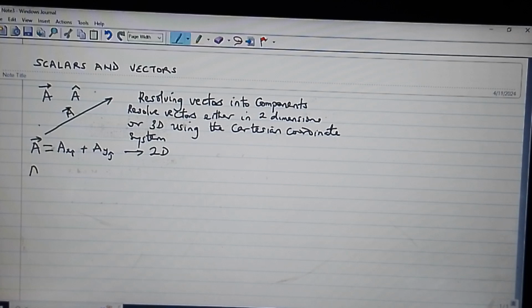In 3 dimensions, I can say A is equal to A_x i plus A_y j plus A_z k.